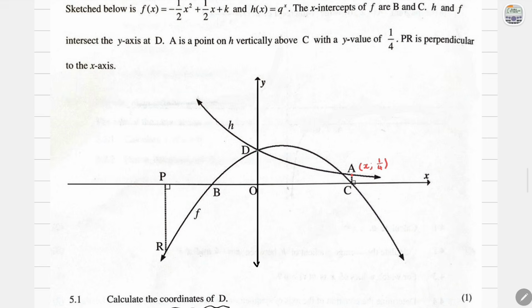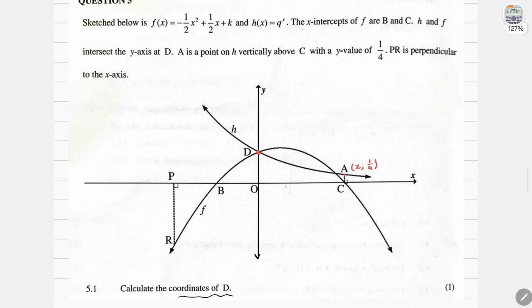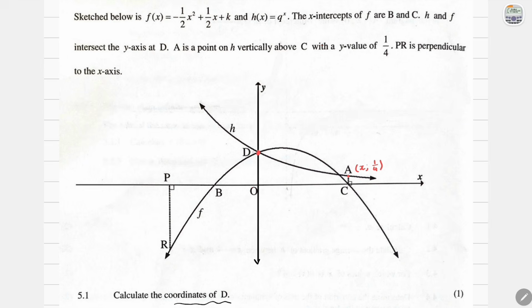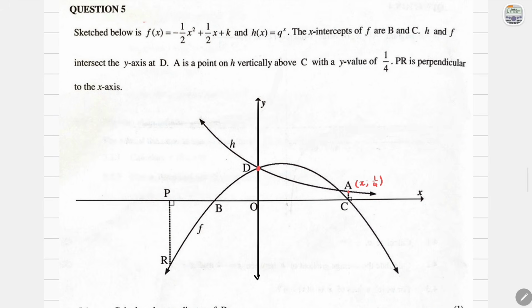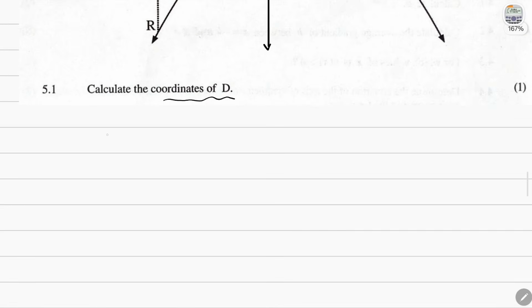So where is D? D is specifically the y-intercept of the graphs of h and f. Do you see that f is not complete? k is missing. Okay, so we can't really look at that y-intercept from there. So we're going to have to rely on h. You can still find it because of the way it has been written. h of x is simply q to the power of x.